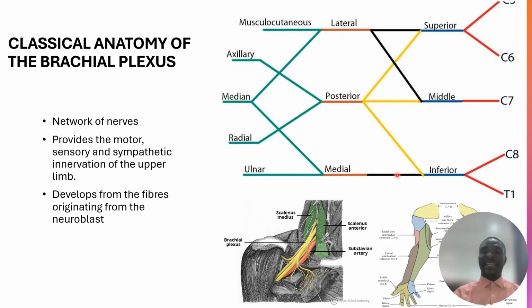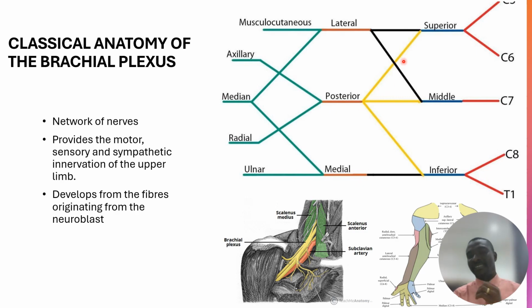Very important. Now, at the level of the trunk, you're going to see after the formation of the anterior and the posterior divisions, note that for the divisions to form the cords, all the posterior divisions merge together to form the posterior cord. It will help you to understand how these things are formed. Posteriors lead to posterior. All the posterior divisions form the posterior cord.